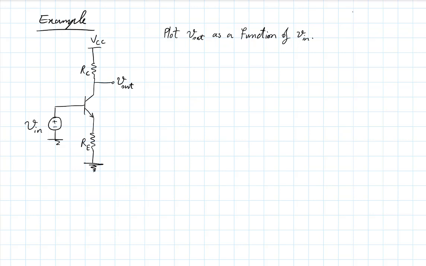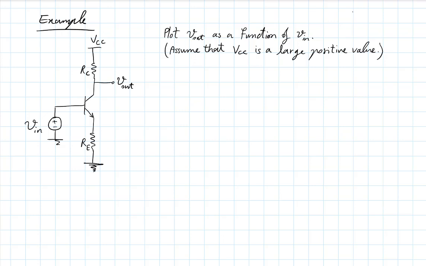And assume that VCC is a large positive number. What we are interested in is to see, for a given value of Vin, arbitrary value of Vin, what is Vout? And so let's look at some test cases. Let's start with Vin being 0.